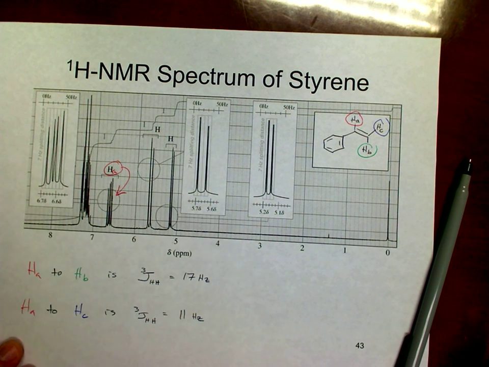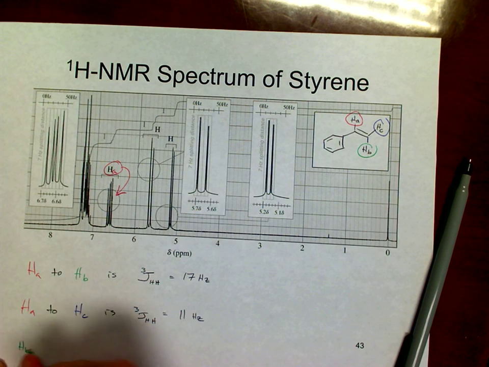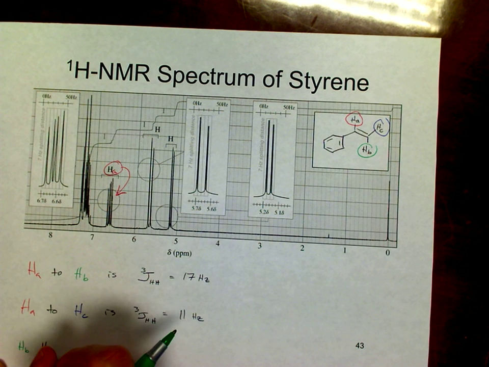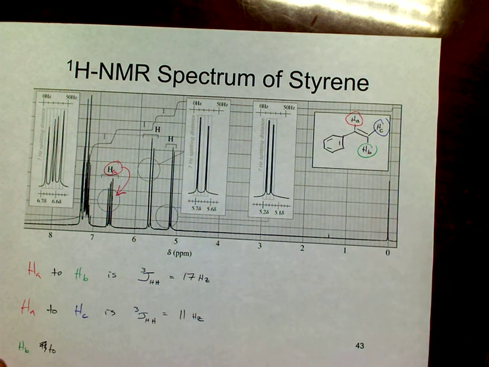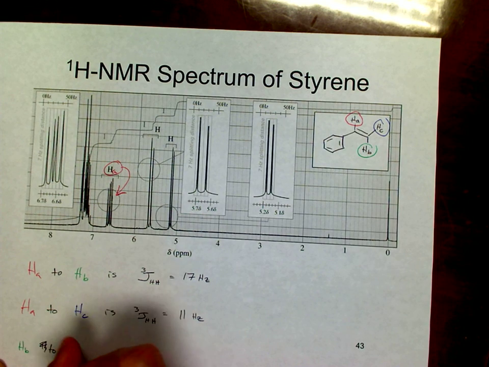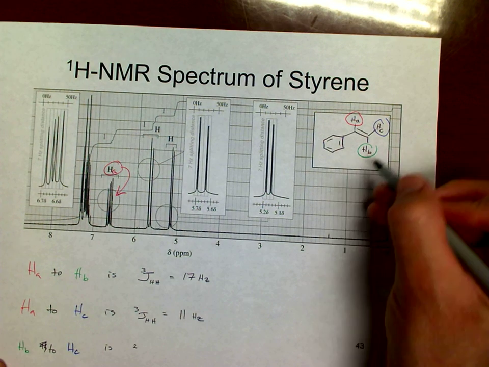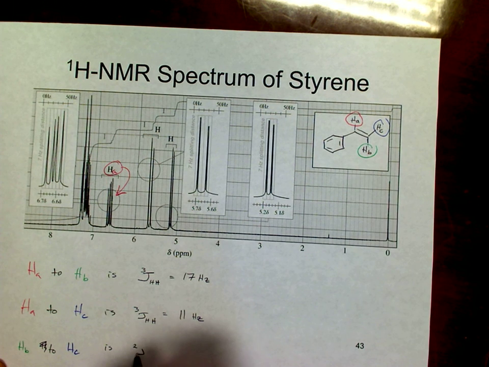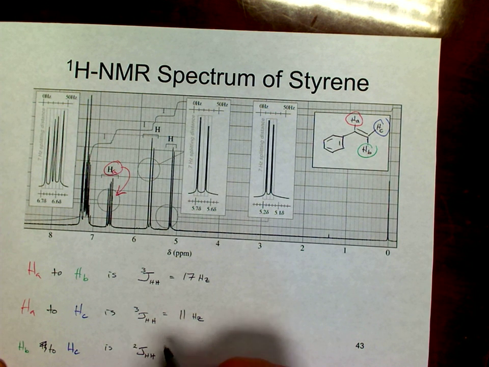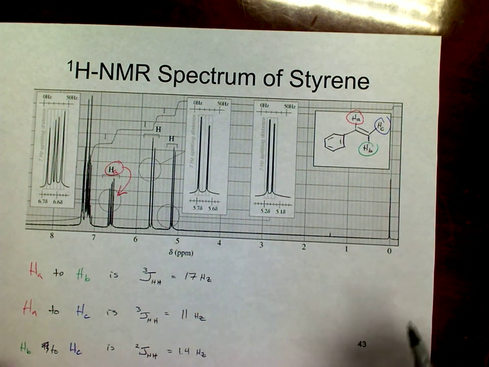Then when we concern ourselves with HB, so HB to HC, that is a geminal vinyl coupling, right? And that is a 2-bond coupling, right? 2J, proton to proton, is 1.4 hertz.